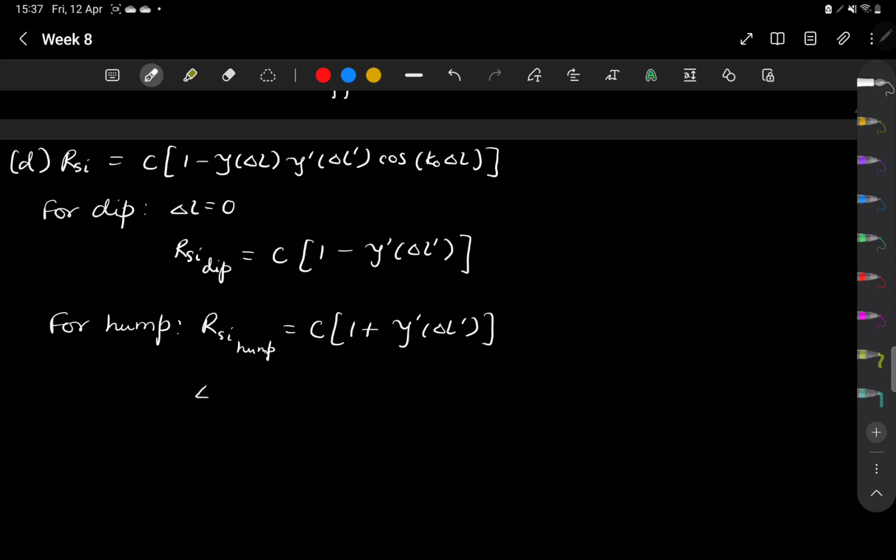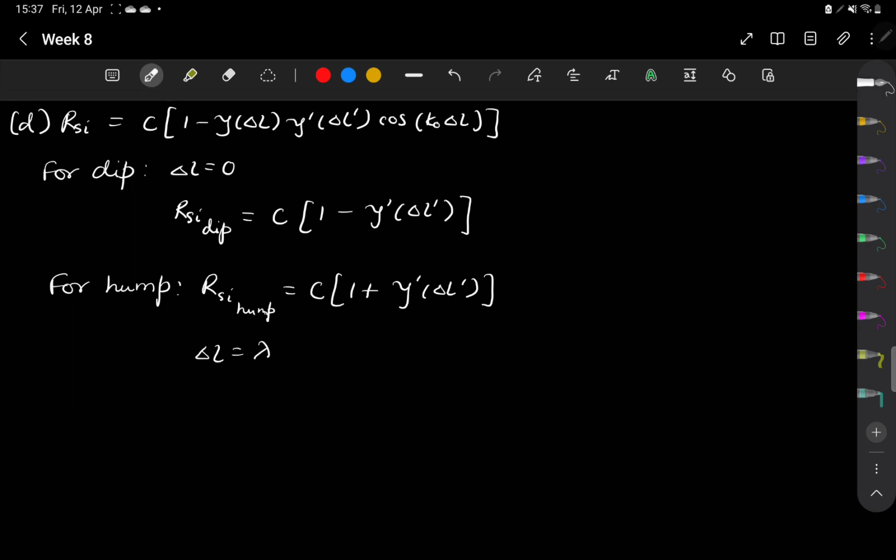And this will happen when delta L is lambda by 2. So when delta L equals 0, this gives me cos k naught delta L equals 1.